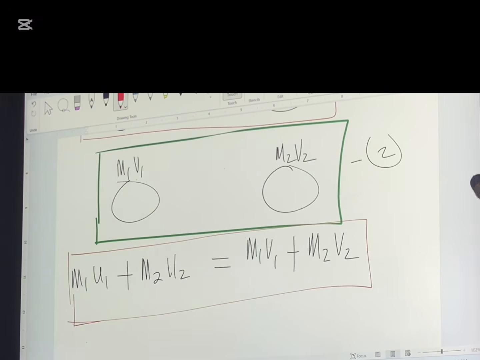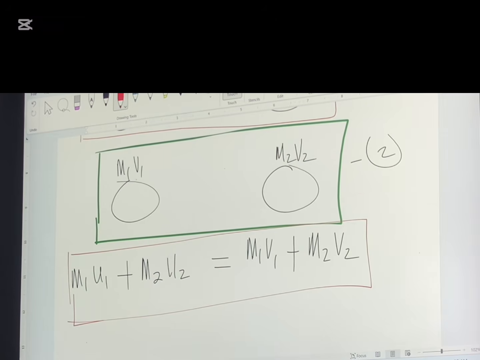But in this video, we are given a question on perfect elastic collision. Please take note. When we talk about perfect elastic collision, we are talking about objects that do not stick together.